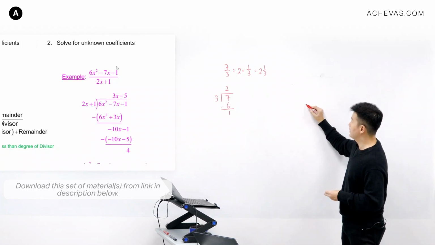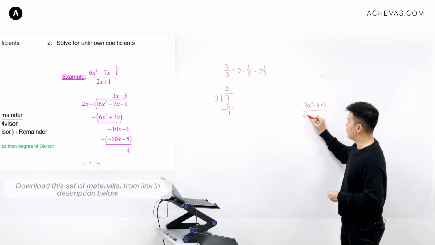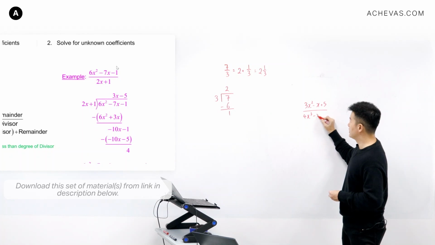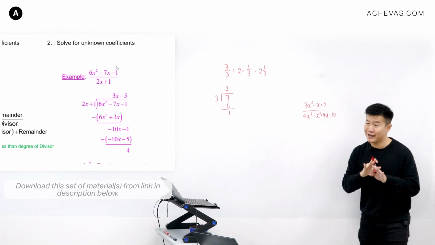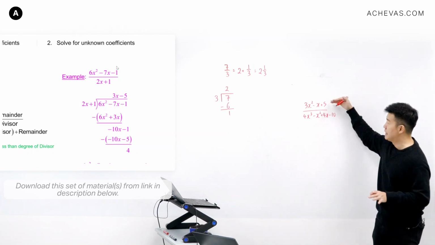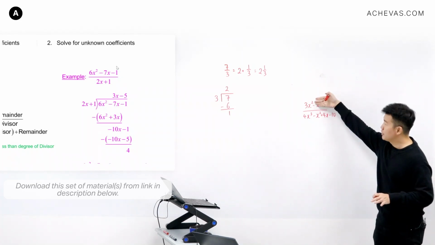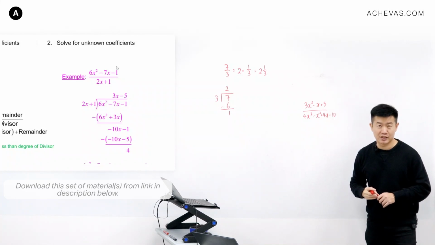Or if I have something like this, let's say this minus x plus 5 divided by 4x to the power of 3 minus x squared plus 4x minus 10, we cannot carry out a long division because this is proper. The degree of the numerator is less than the degree of the denominator.